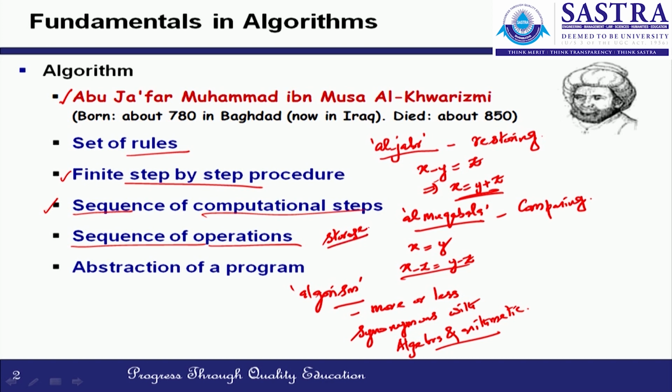Every variable and every instruction will associate the corresponding storage. So the fourth definition focuses on the algorithm being defined as a sequence of operations which are going to be organized in the data structures.